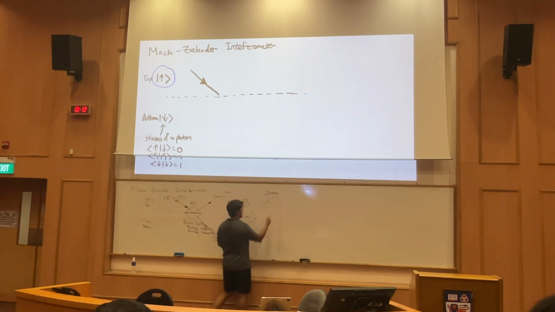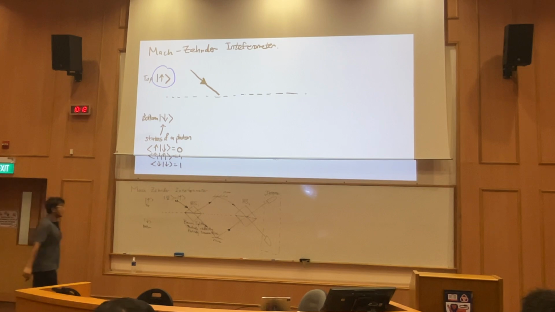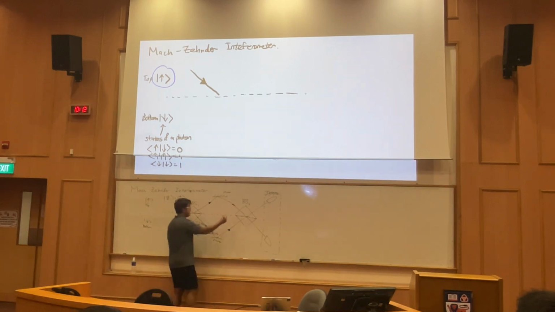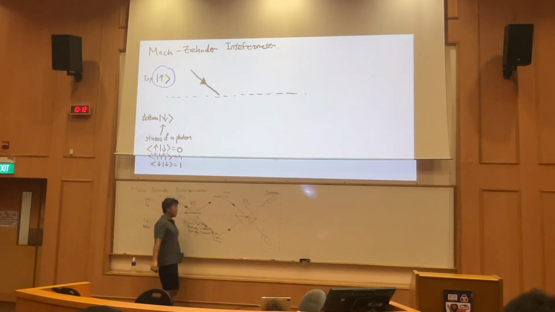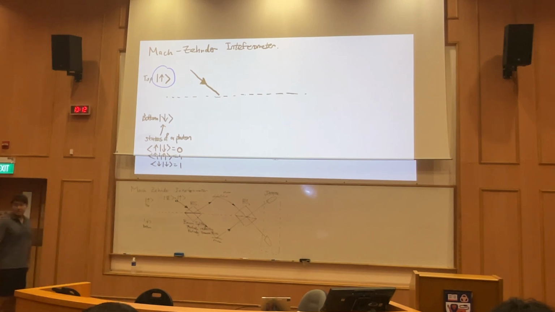So you should really think of this entire box as the detector. These are the basic elements. There'll be one more element that I'll introduce in a bit, called a phase shift. But let's look at the beam splitters first and the detector.